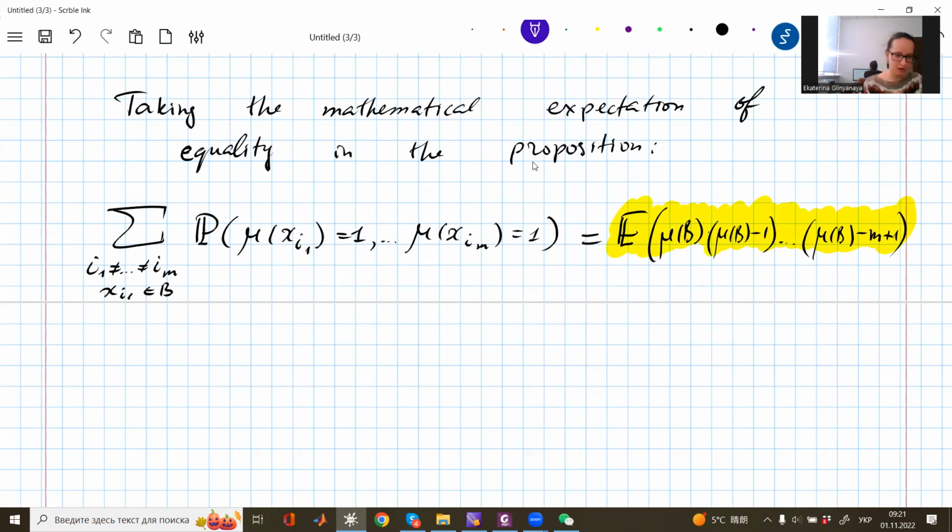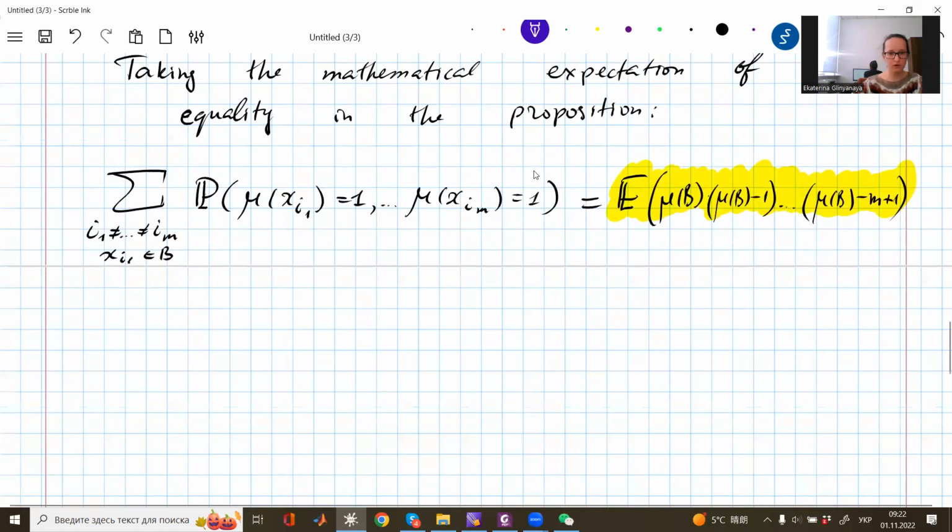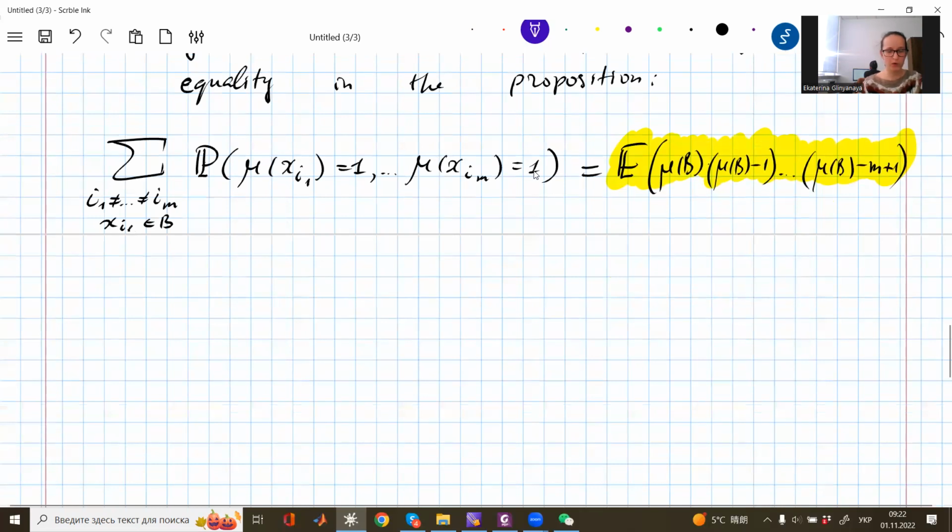We start for now with the factorial measure for a point process of this form, where we have just a sum of delta measures at some points.